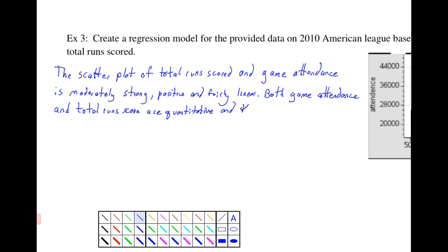And the association is linear. Okay, looks good. But now about the outliers.